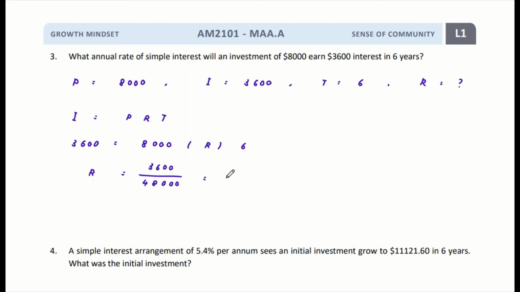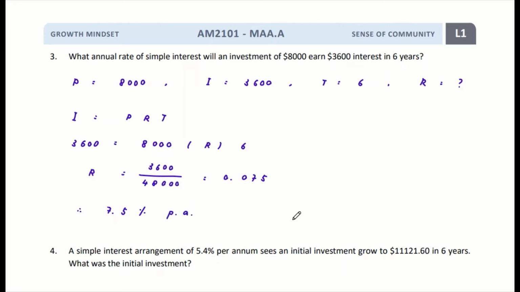From here, you can get 0.075. So in this case, what you have is in decimal, but the question asks the annual rate of simple interest, and normally we give our interest rate in terms of percentage. So the annual rate of simple interest is going to be 7.5% per annum. That's the idea.